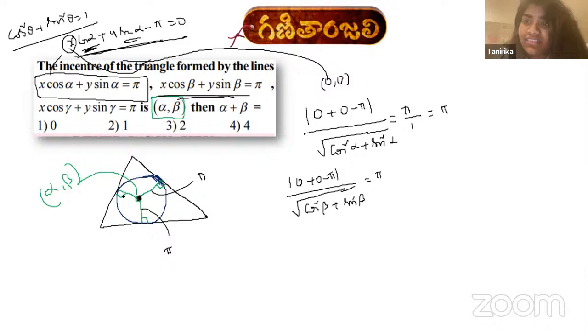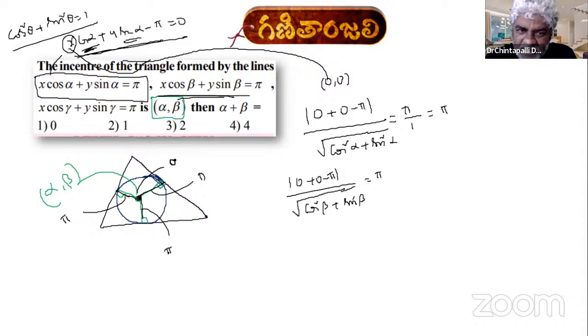If we find, we understand that this distance is also pi. So all three distances are equal, from the center 0, 0, which was guessed, not calculated. We guessed that the distance from 0, 0 to the three lines is the same. That's why this is the incenter only.